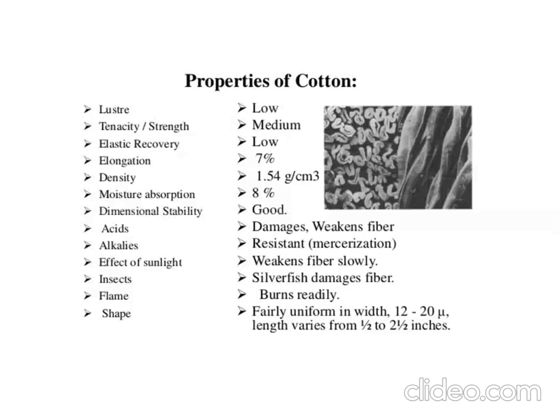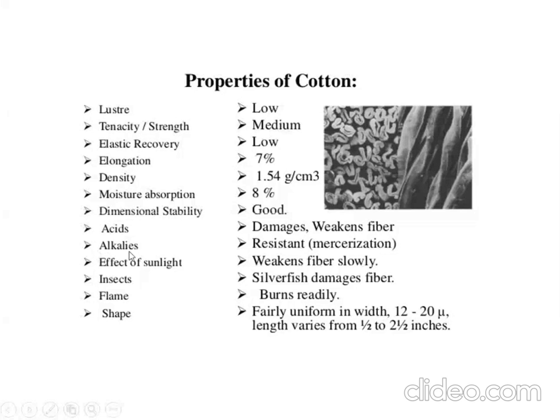Similarly, if you look at the dimensional stability of the cotton fiber, it has good dimensional stability. It has good resistance towards mild acids. Whereas if you subject it to strong acids like hydrochloric acid or sulfuric acid, what will happen? The cotton fiber starts dissolving. So it cannot withstand strong acids.